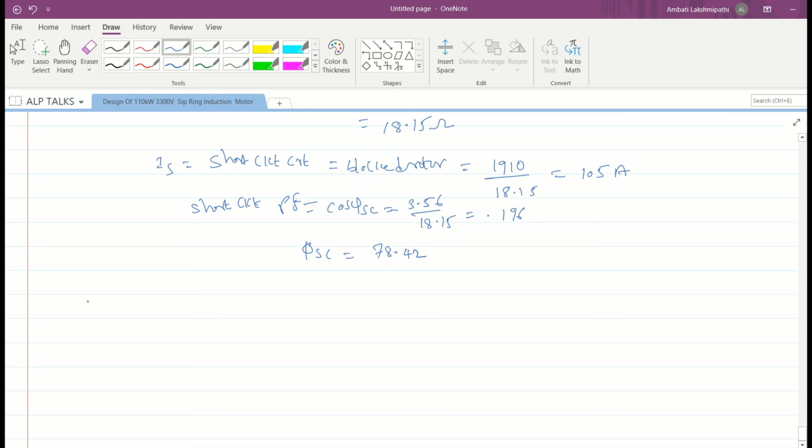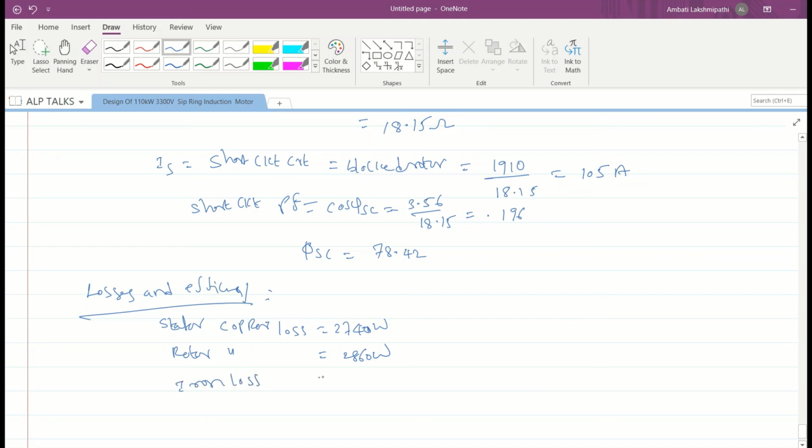Now let's calculate losses and efficiency. We have many losses in the machine. Finally, let's calculate how efficient the machine is. We have stator copper loss of 2740 watts. Similarly for the rotor, copper loss is 2860 watts, and we have iron loss, the total iron loss, of 3760 watts.